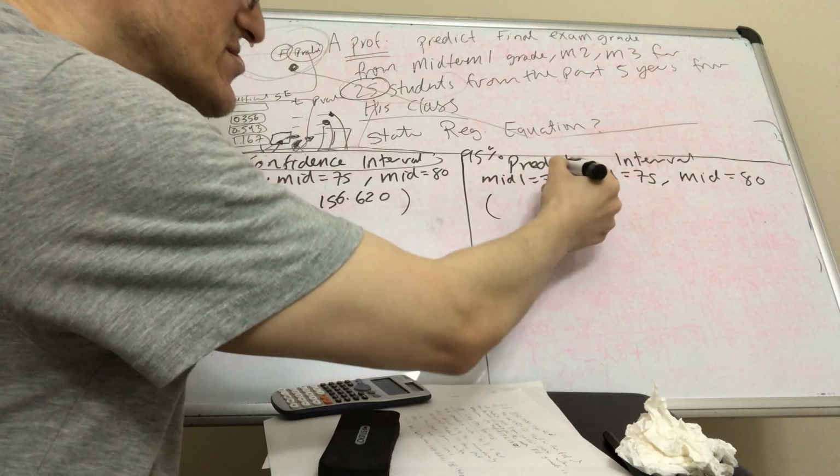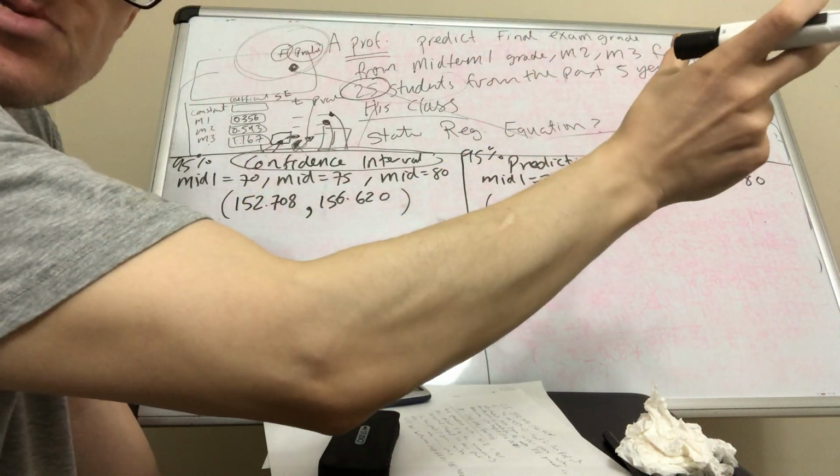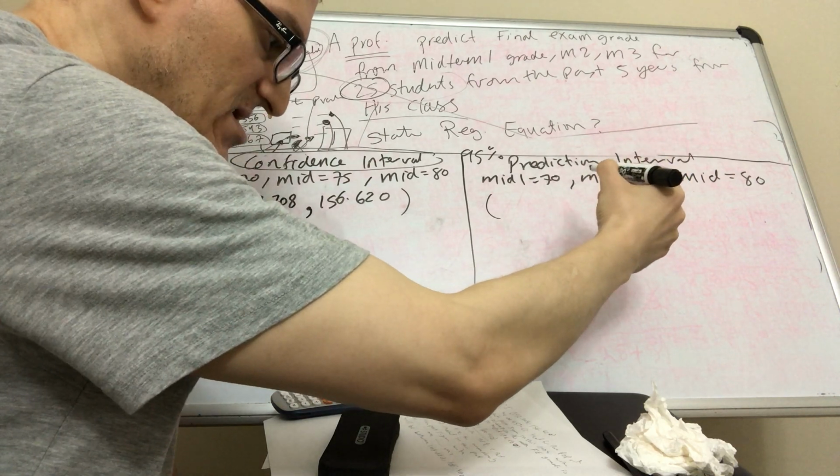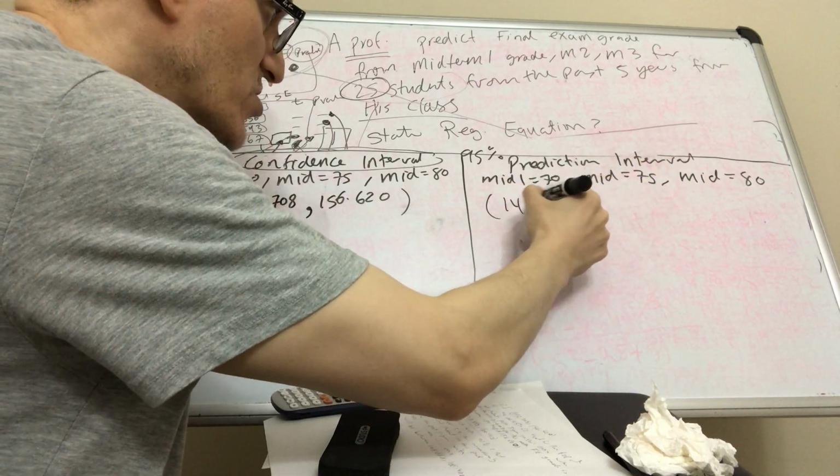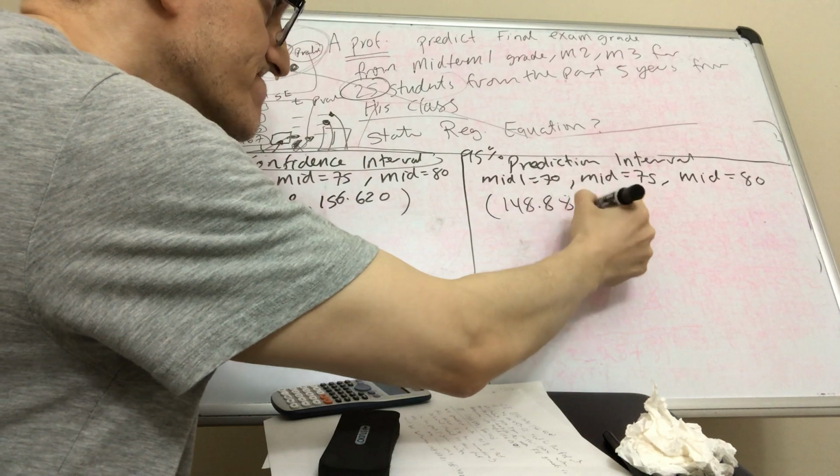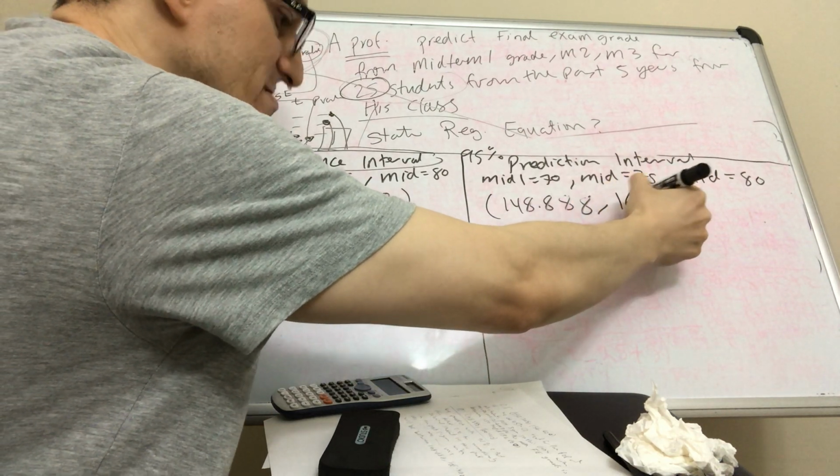The prediction interval is 148 to 160, labeled prediction interval on top.